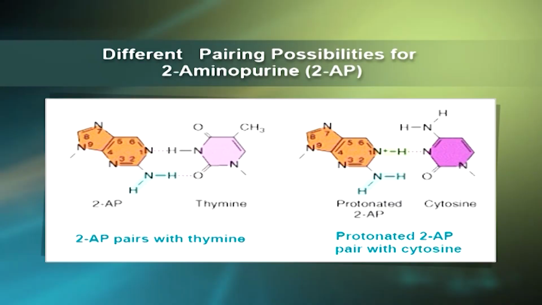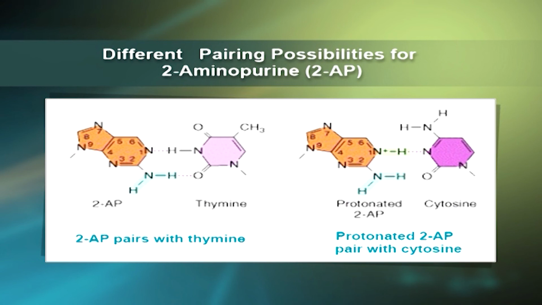2-aminopurine is another base analog widely used in research. It can pair with thymine, but when protonated can also mispair with cytosine, as seen in the figure. Therefore, when 2-aminopurine is incorporated into DNA by pairing with thymine, it can generate AT-GC transitions by mispairing with cytosine in subsequent replications.